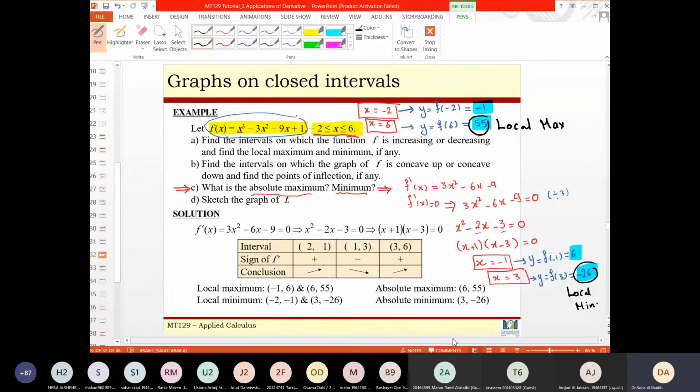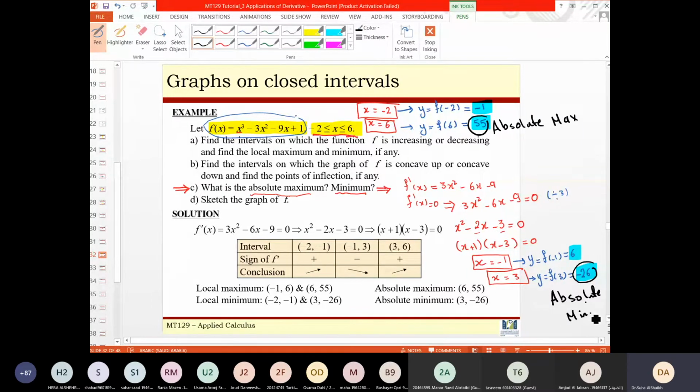Okay? Sorry, not local. I'm sorry. These are absolute. Sorry. These are absolute for sure. This is the absolute max, and this one is the absolute minimum point.